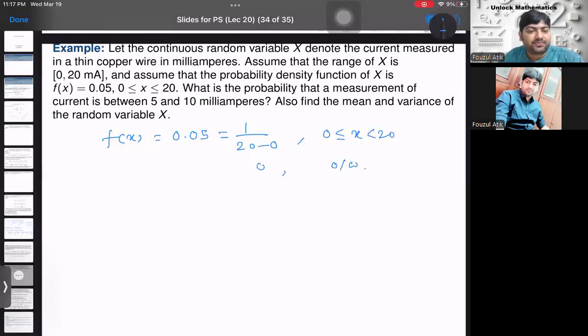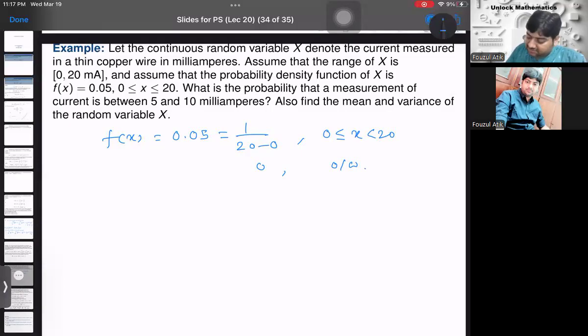What does it mean? It means x is a uniform random variable over the interval 0 to 20. So according to the problem, we understood that x is a uniform random variable in the interval 0 to 20.